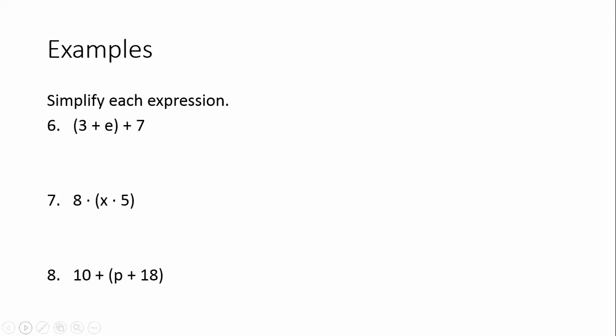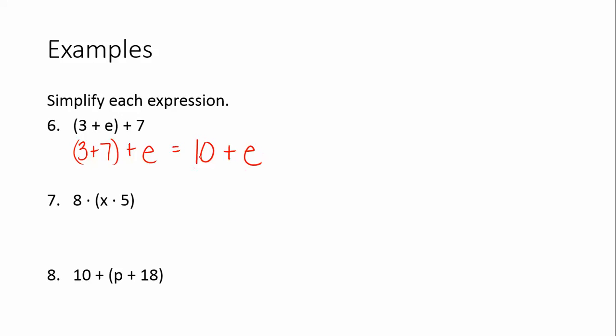If you'd like, pause the video and try the next three. Oh no, these are just simplifications. So this should be something we're pretty good at because we've done some work with combining like terms. So simplify each expression. When we do order of operations, we can't add 3 plus e because those are not like terms. However, if we regroup the 3 and the 7 first and then add e, we get 10 plus e, and this would be an equivalent expression.